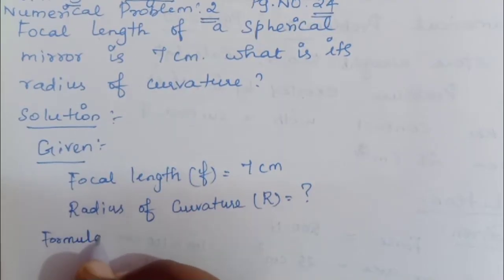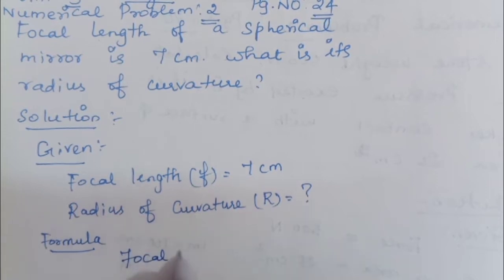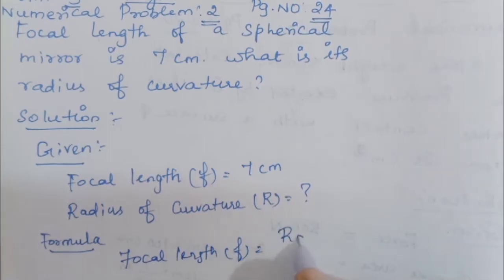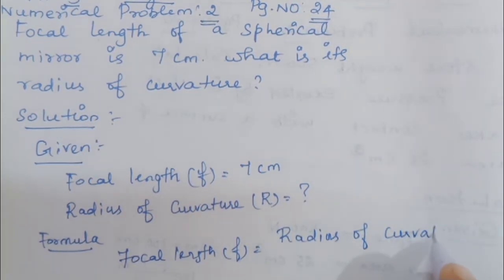For the formula, it is the same formula as the previous question. We know that focal length f is equal to radius of curvature by 2.